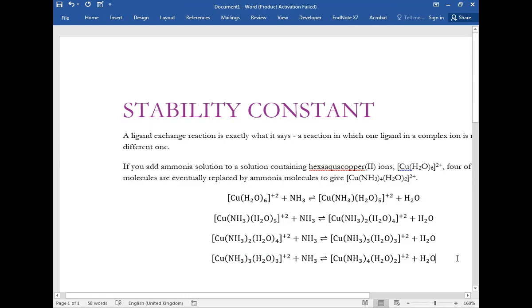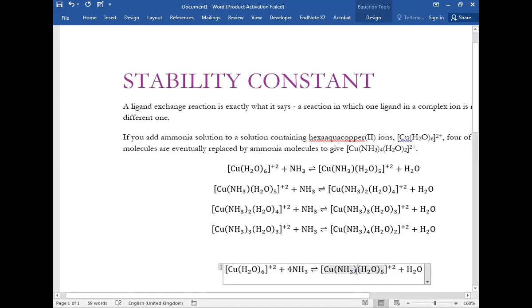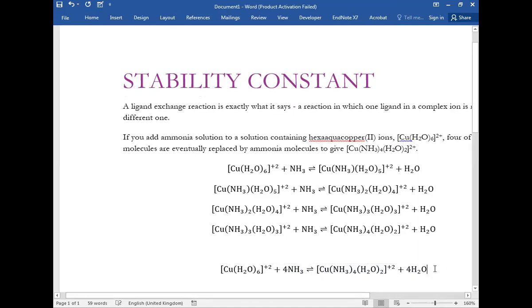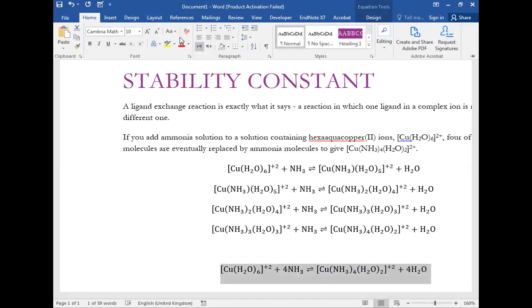If you combine all these 4 equations, you get the overall equation, which is 4 ammonia replacing 4 water. Is that right? This is the overall equation.